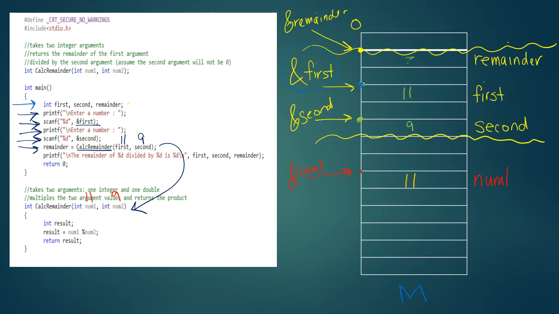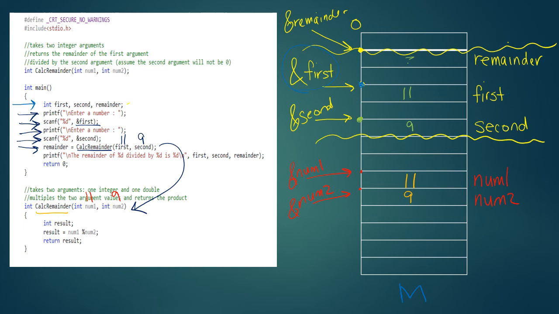So the calc remainder function doesn't have any idea of a variable called first. The calc remainder function has its own variables called num1, num2, and result. So num2 is also going to get declared somewhere in memory. It's going to have an address, and it's going to be assigned the value of 9.